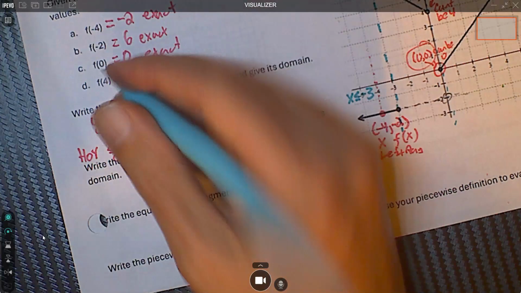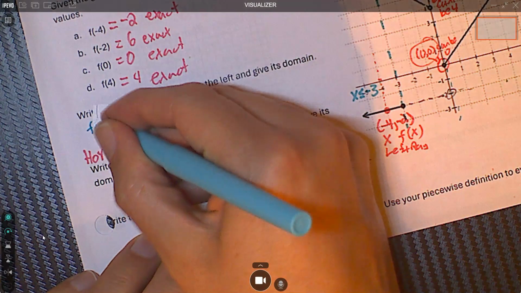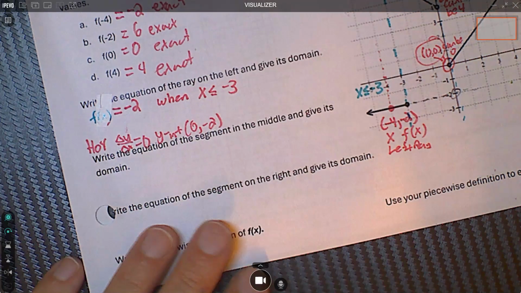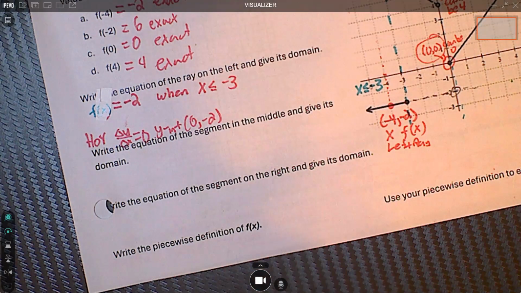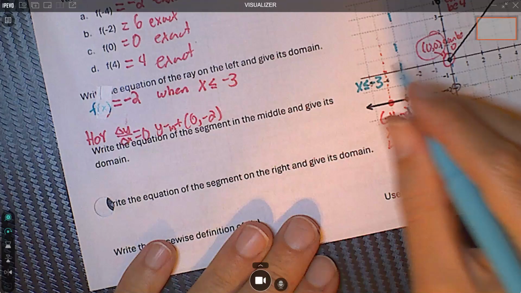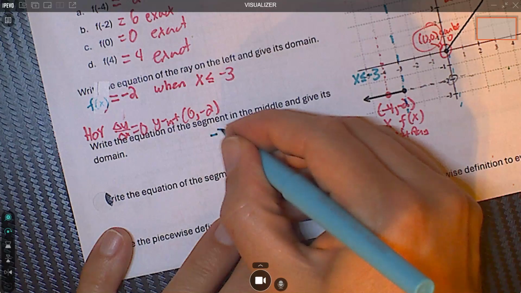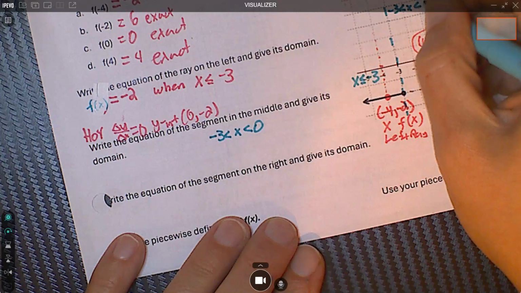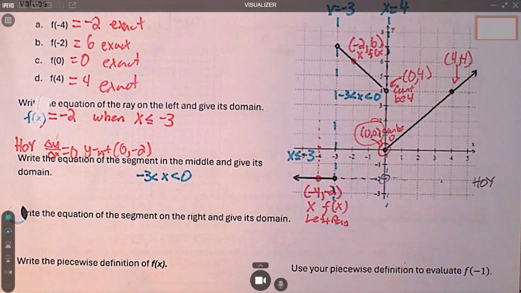Excuse me. F of x. So this is when the x's are between -3 and 0. They're both less than because we don't know what they are there.